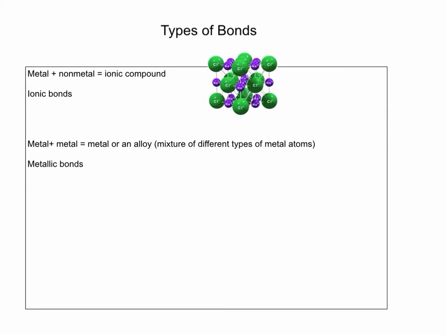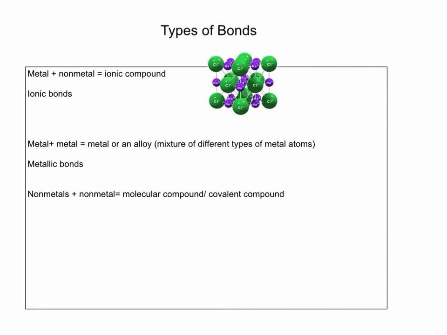The last type of bond, or compound, we can talk about is what happens when you have two nonmetals. So a nonmetal plus a nonmetal. What this becomes is what is known as a molecular compound, also known as a covalent compound.